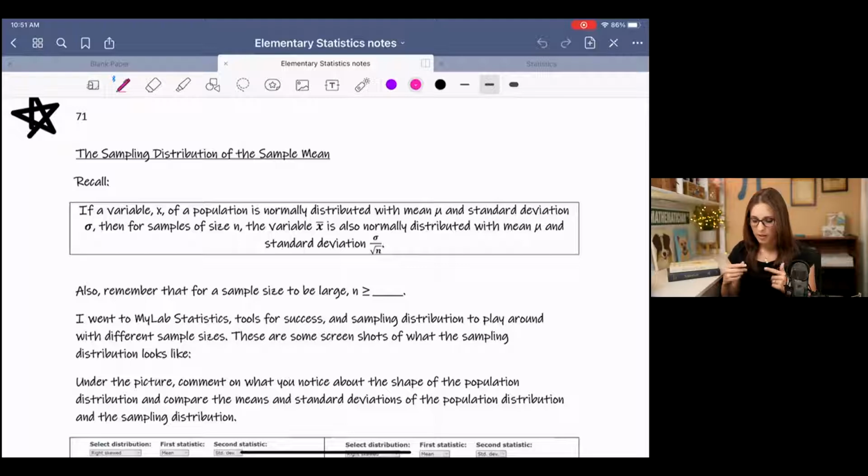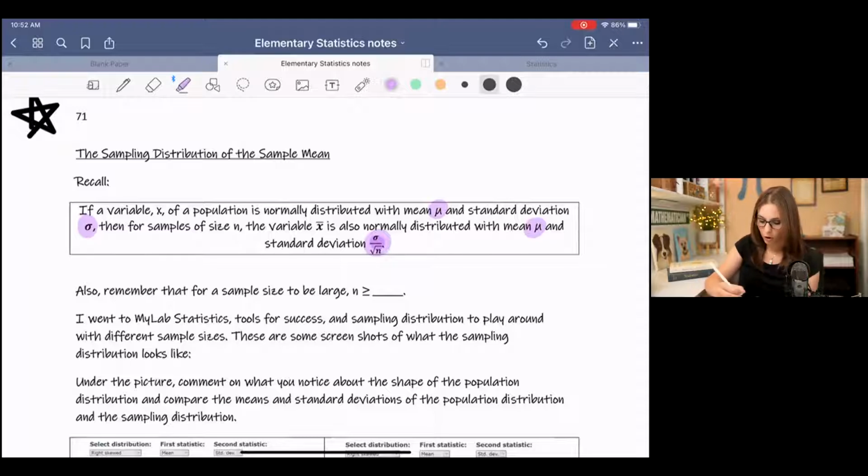So some other things we need to talk about: if you recall, the variable X of a population that is normally distributed with a mean of mu, the population mean, and a standard deviation of sigma, then for samples of size n, the variable X-bar is also normally distributed with a mean of mu and a standard deviation of sigma over square root n.